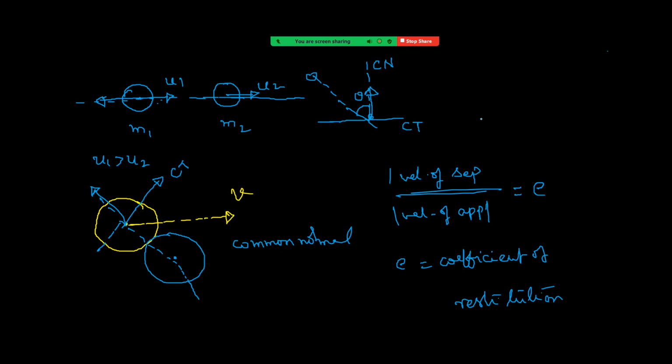Okay, let us take one more example. Let us take an inclined plane and we are dropping a ball from a height. When the ball touches the inclined plane, force acts normal to the inclined plane. So this is the common normal direction.